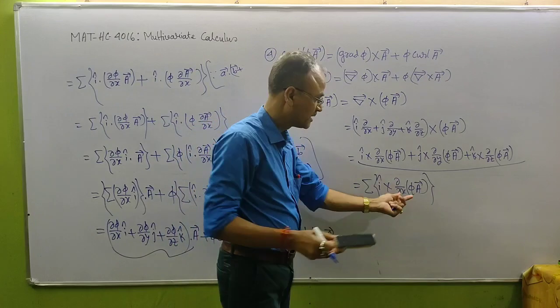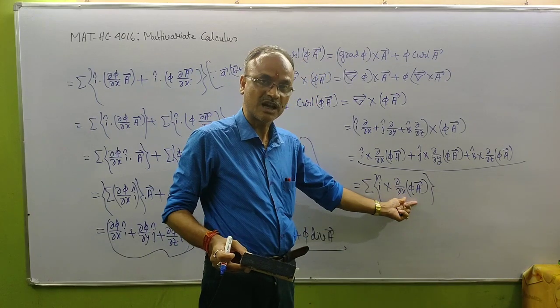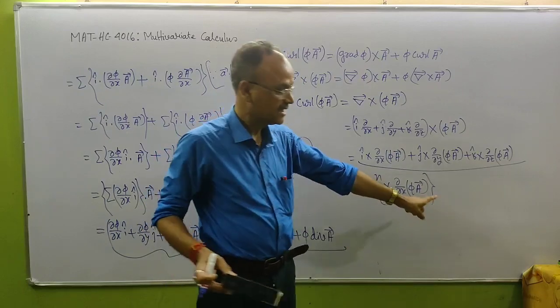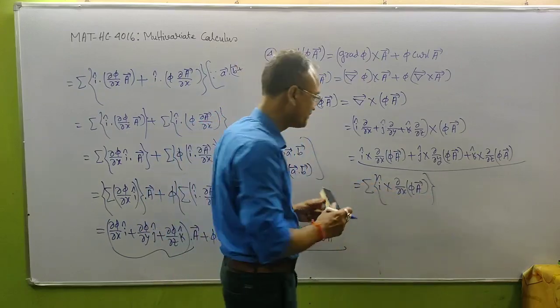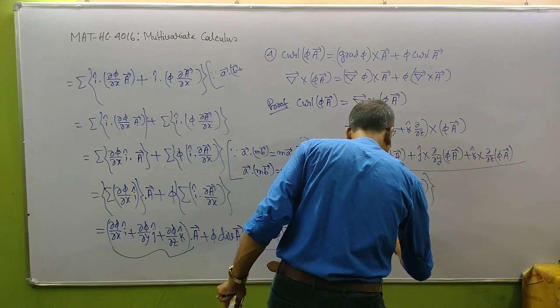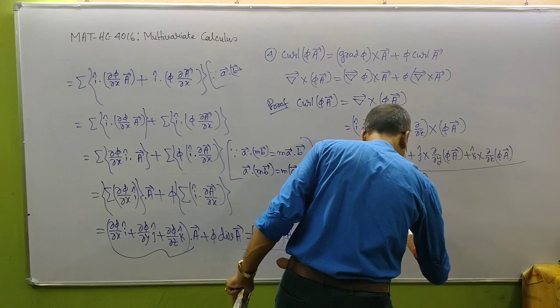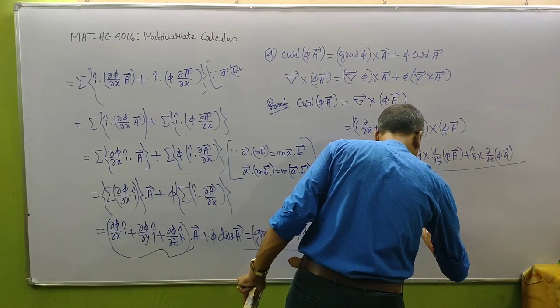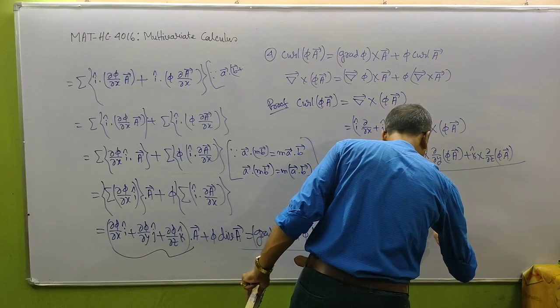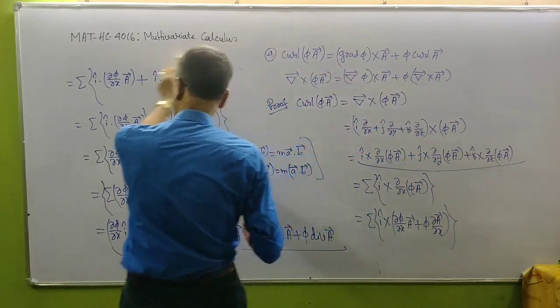Now, the differentiation of the product of a scalar and a vector will be equal to summation i cap cross, del phi by del x A vector plus phi del A vector by del x. You may write it in this way. Now let me write here.